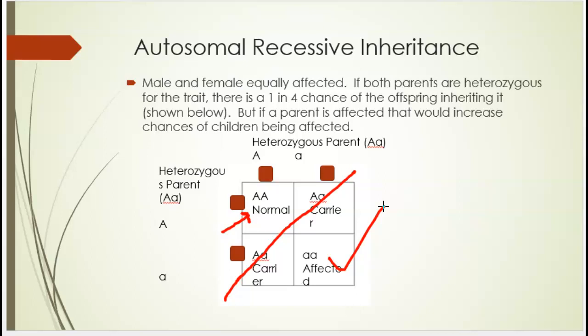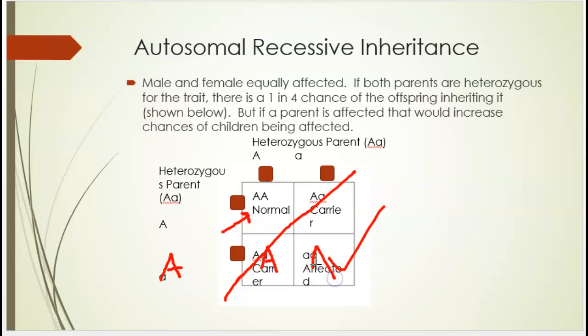Okay, so you would have to have two parents that are both heterozygous for this to have that outcome. Because if this changed to homozygous for not having it, because it's a recessive trait, you have to have the recessive gene, this would now become normal.